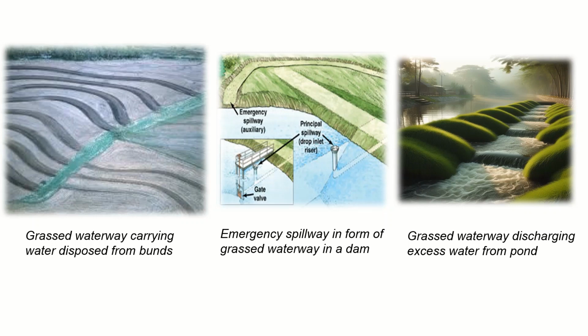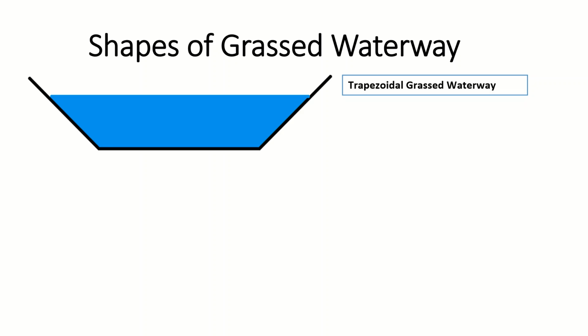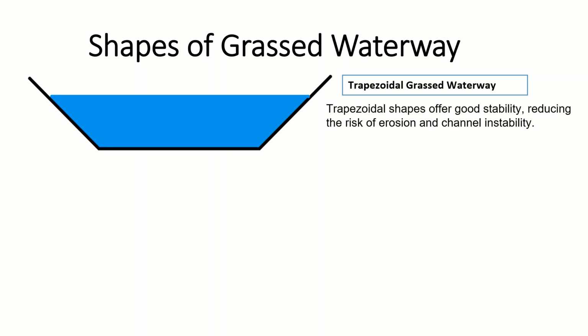Commonly you will find these three shapes: trapezoidal, parabolic and triangular. Trapezoidal grass waterway, this offers good stability. It also reduces risk of erosion and also reduces risk of channel instability. So these offer very good stability. Then parabolic grass waterways. These shapes mimic natural water flow.